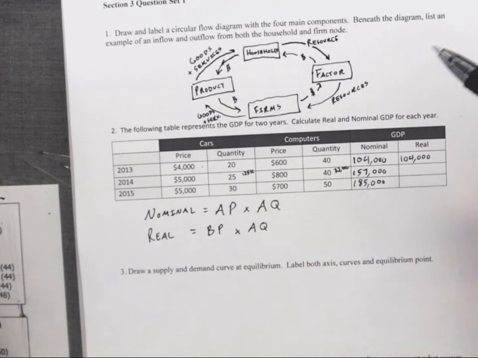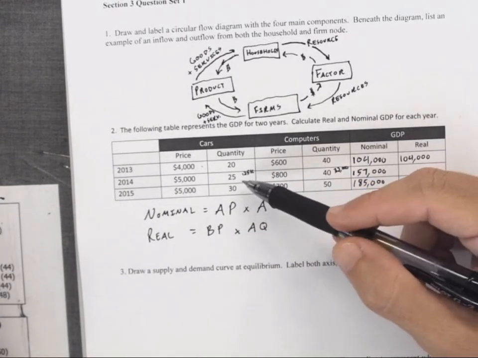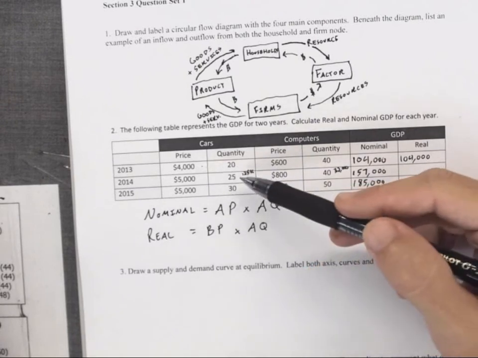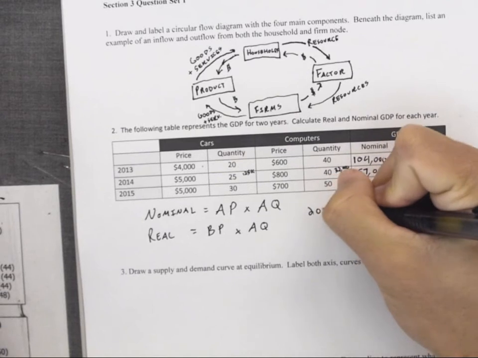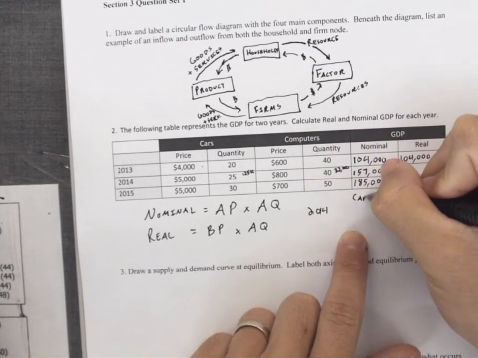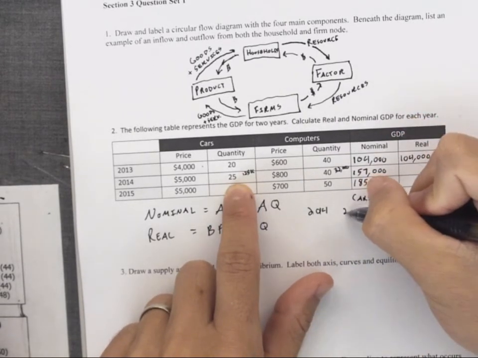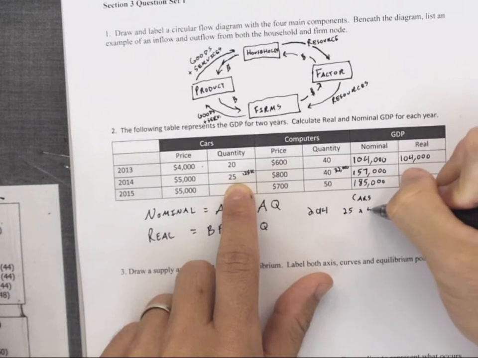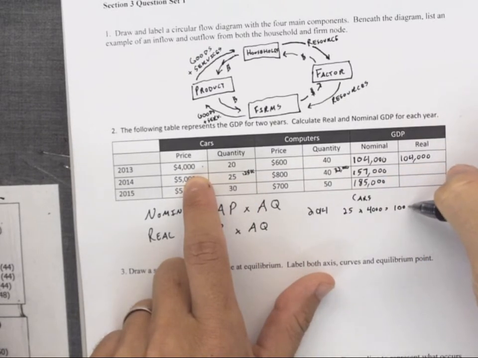So in 2014, remember, we now sold 25 cars, which is an increase in production, but we're only going to attribute the 4,000, so that would be $100,000. So in 2014, we're going to say cars is 25 units times 4,000, which is our base price, equals 100,000.